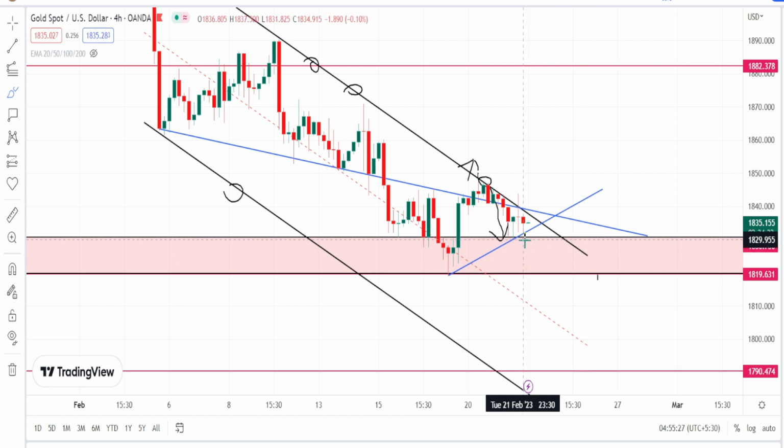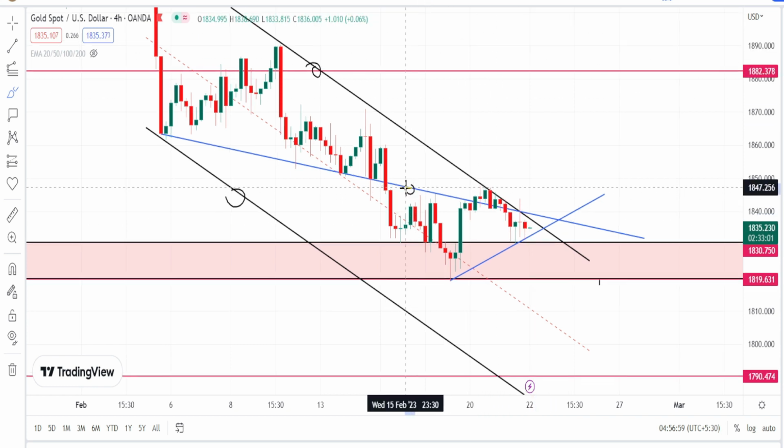Again, this support zone between 1830 to 1819 is currently preventing the price action from falling further on the bearish side retracement, which means that currently the price action has taken support on this support level of 1830, and we are noticing the price action to bounce back on the bullish side retracement in 4 hours time frame.